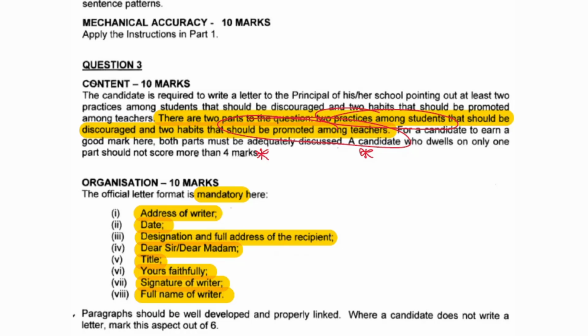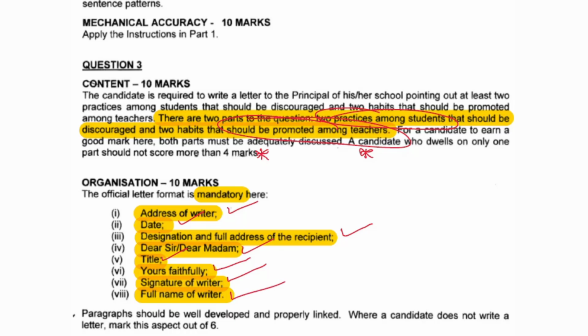Now, this is an official letter, so the following features here are mandatory. You need to have your address, the date, the destination, and the full address of the person you are writing to, the appropriate title, dear sir or dear madam, then the title of the letter. After the letter, you need to sign off with yours faithfully, your signature, and your full name.